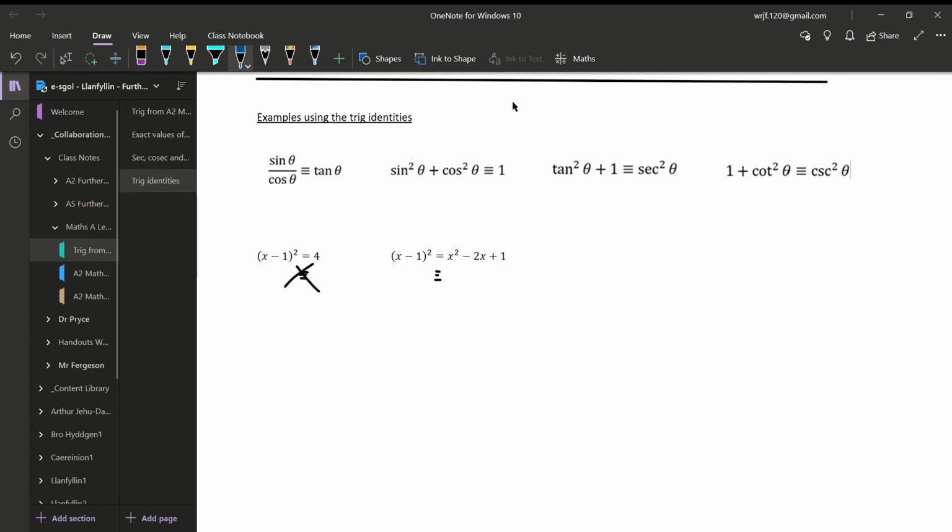The other common use, apart from solving equations, is for helping us in doing integration. You will be faced with a lot of integration during year 13 in both maths and further maths, and a lot of it will involve trig functions, not all of it by any stretch of the imagination, but a lot of it will involve trig functions that you need to integrate.